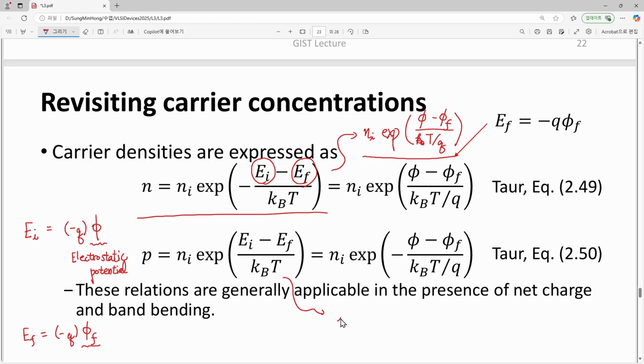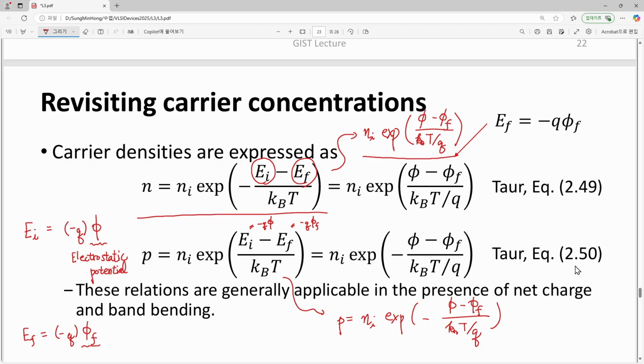So we can write down the whole density following the same procedure: n_i, and this one will generate minus q times phi, and this one will generate minus q times phi_f. So we will have exponential of q over k_B T, and here we have phi minus phi_f. They are Tauer's equations 2.49 and 2.50.